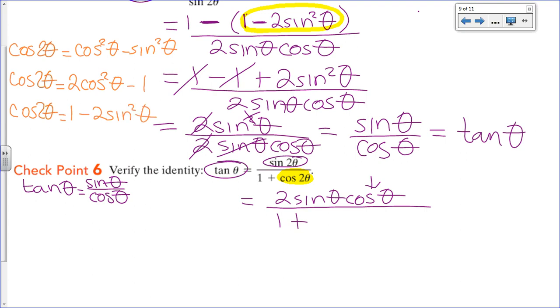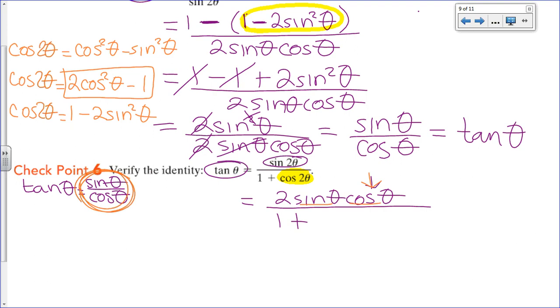So you'll have to make a decision. And remember, we're trying to end up with something that looks like that. If you notice, so far we have sine and we have cosine already. So what we want to do is somehow get rid of this cosine here. So it just makes sense that I choose this formula, number 2, because that one only contains cosine. So let's try that out.